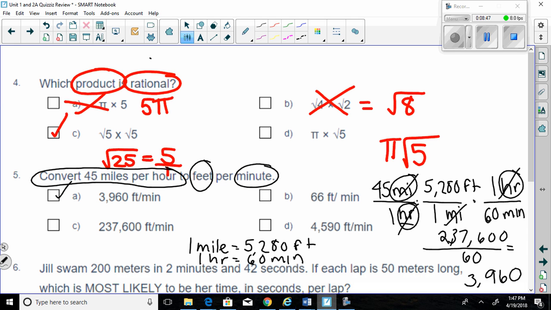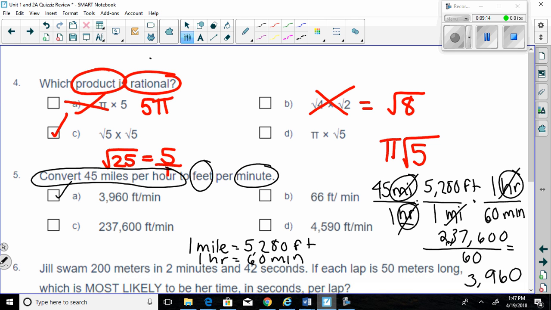Then when you set up your conversion ratios, you knew that 1 mile equaled 5,280 feet. You also knew 1 hour equaled 60 minutes. So when you set up your fractions, you made sure that the units were on opposite ends. So one is in the numerator and one's in the denominator. So you're able to cross them out. And then once you get your answer, you would multiply the numerators, the denominators, and then divide them. So you just explain how you would go about it.